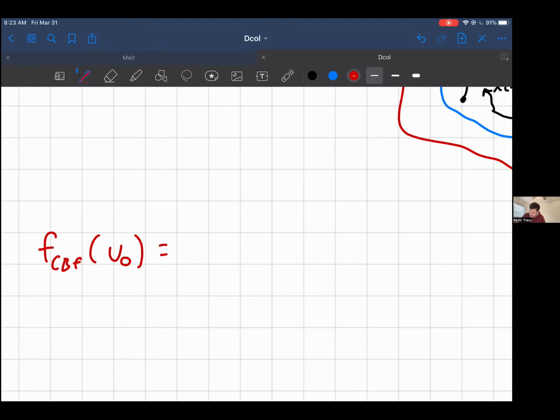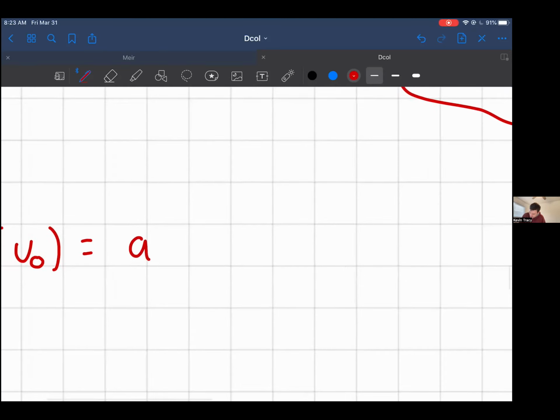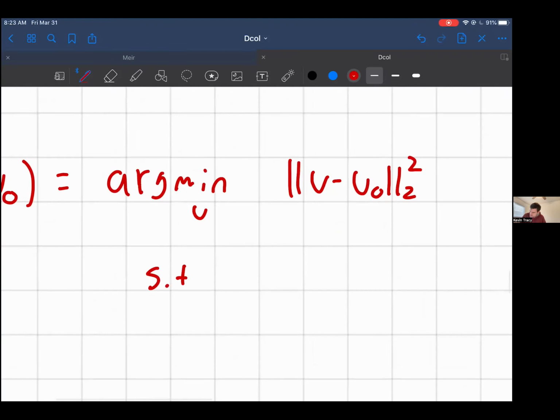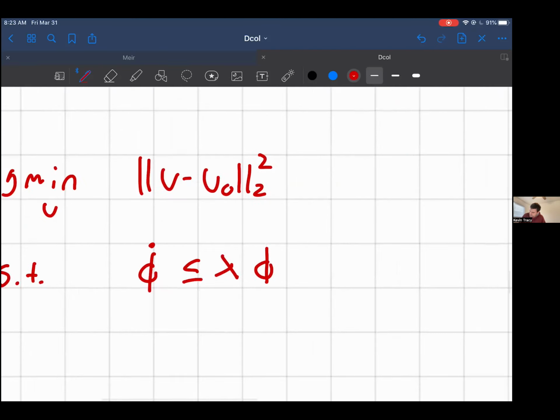What this function actually is, is the solution to the following optimization problem. Arg min over u: I'm just going to find the closest control input to the one they gave me, such that, let me make sure I get the signs right here, phi dot is less than lambda phi.